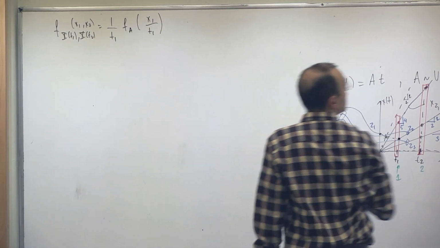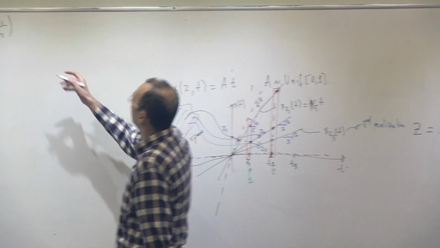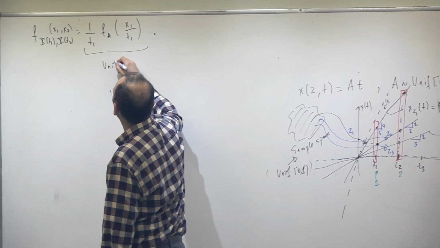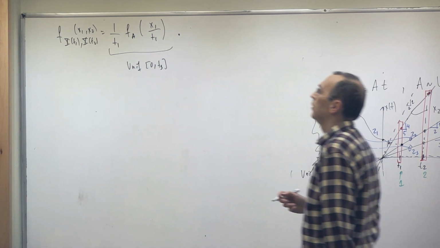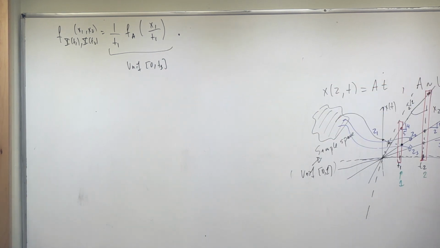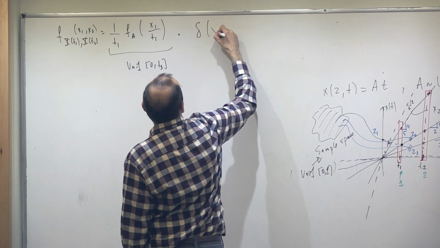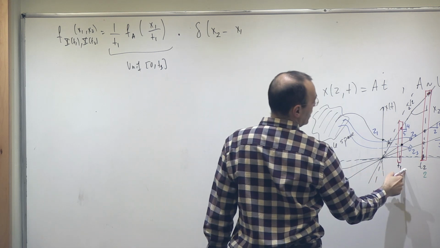So this part is a uniform distribution, uniform between 0 and t1. This is from part, let's say, A. This is our first order density. Now times delta of x2 minus x1 times t2 over t1. Am I right?